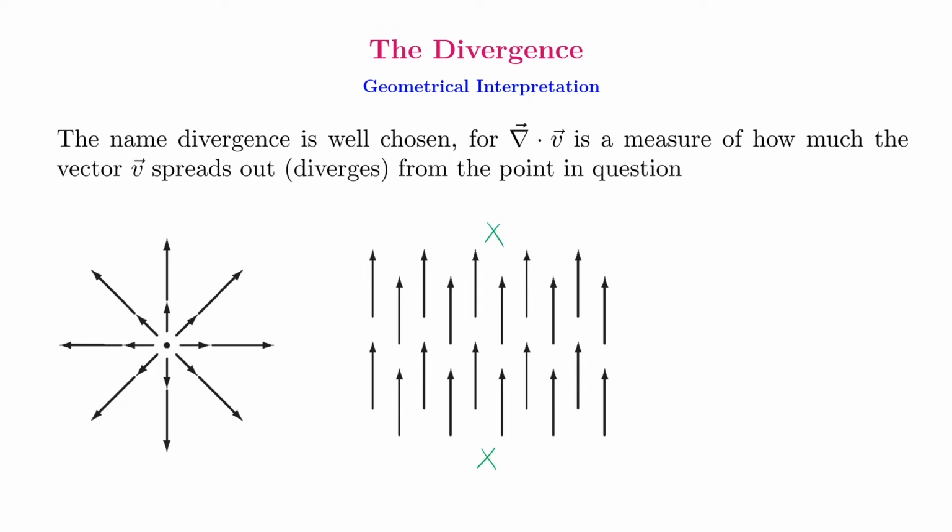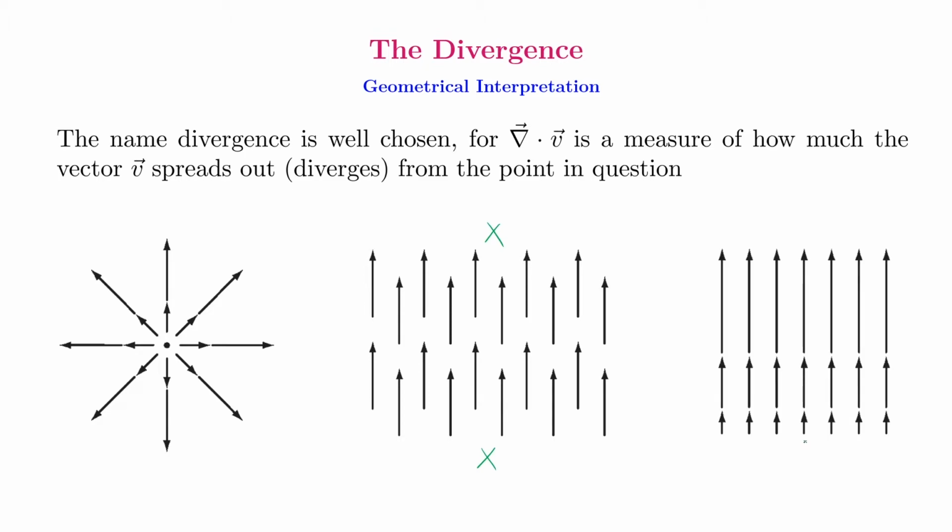For this reason, it has zero divergence. In this figure, the arrows are all pointed along the same direction, but their lengths are different here and here. That means that the strength is higher at this point and smaller here. In this case also, there is a positive divergence.